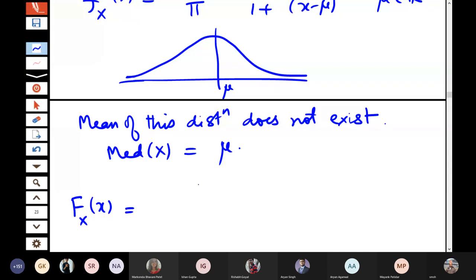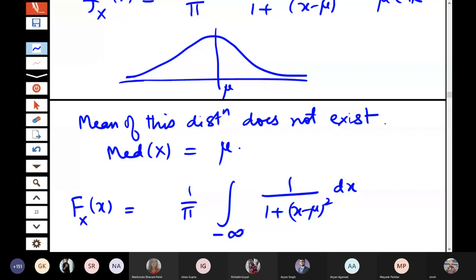CDF is the integral of this, 1 by 1 plus x minus mu square dx from minus infinity to, let me put it here, t.